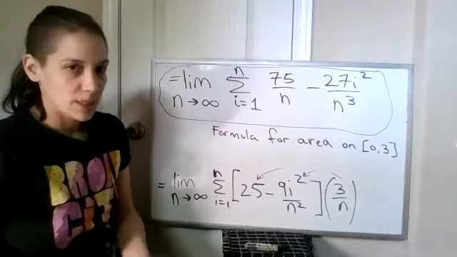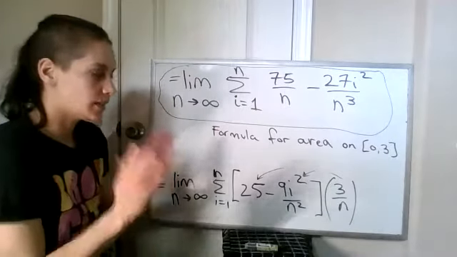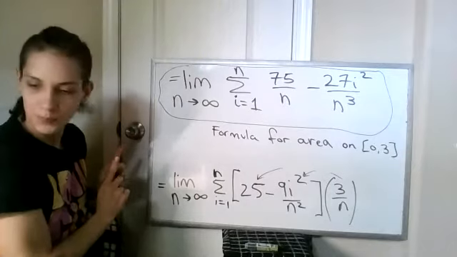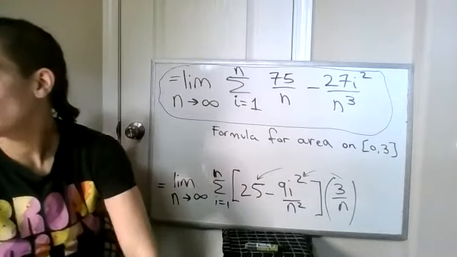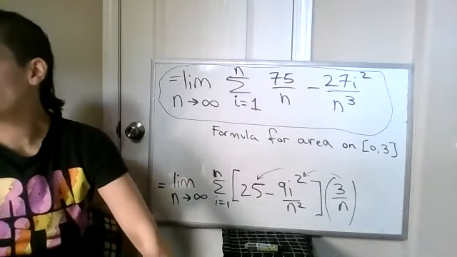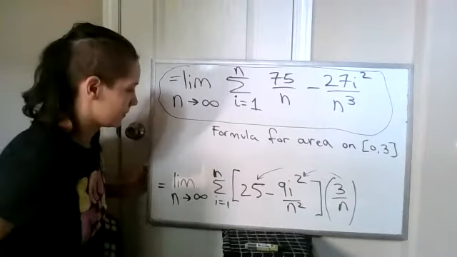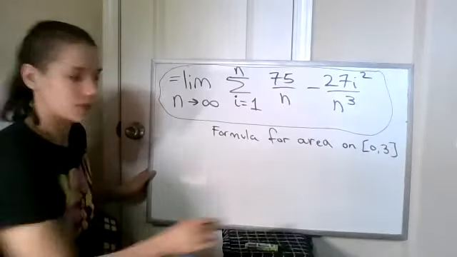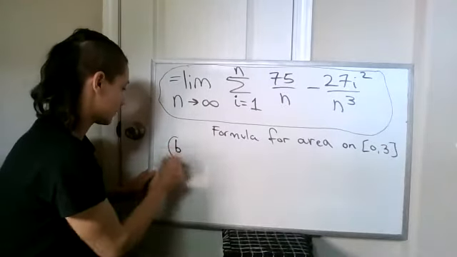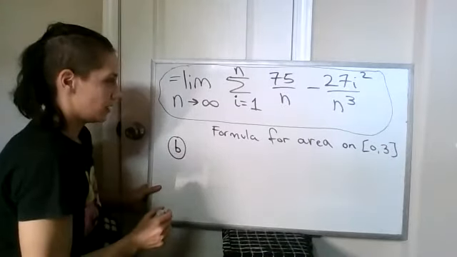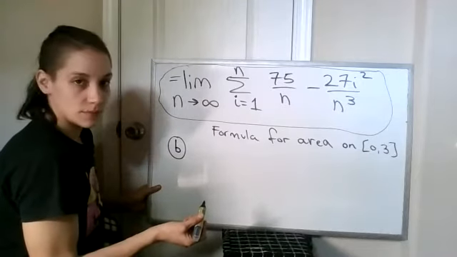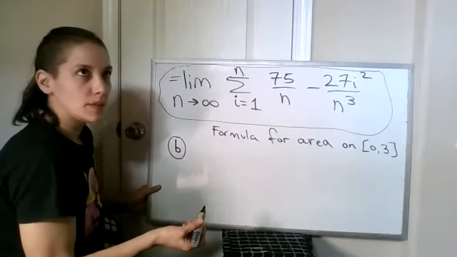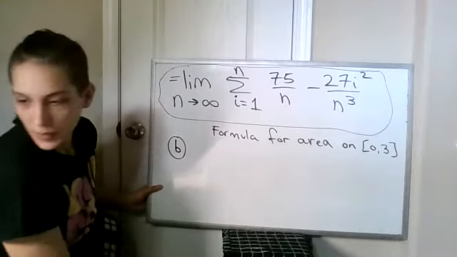For part B, we have the same function, same idea, but we want to do 2 to 4. I'm not going to rewrite the function. We already have that part.